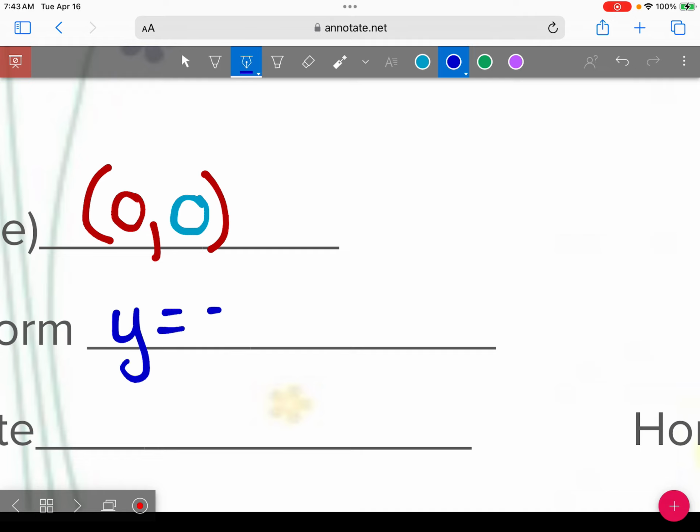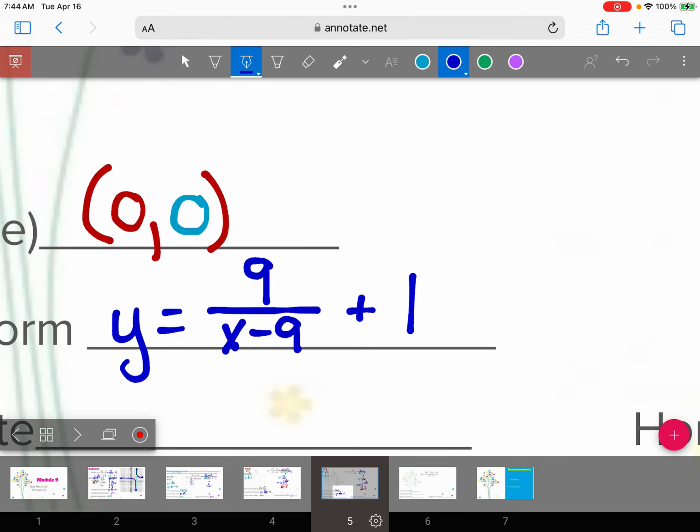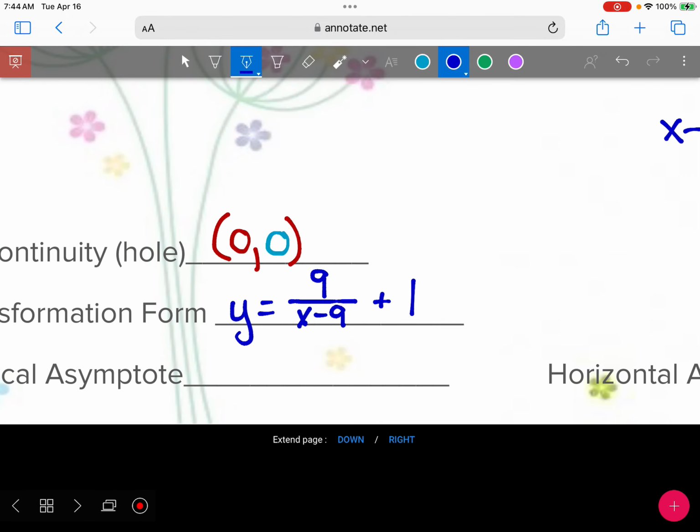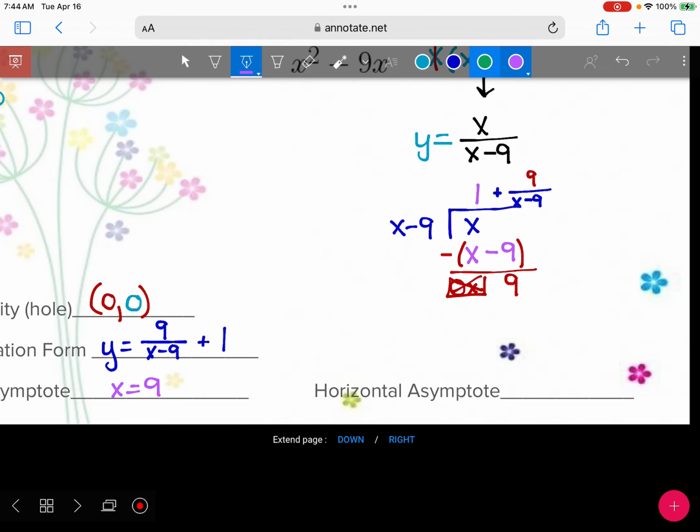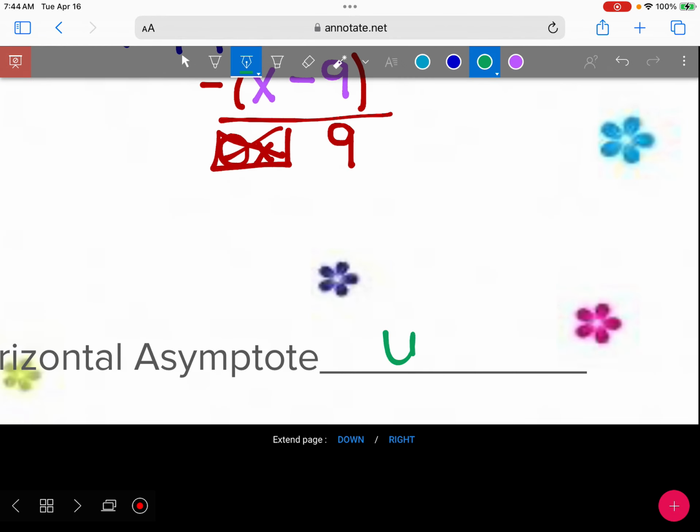We have our y equals, and that just means I put my fraction in the front. 9 over x minus 9 plus 1. What's our vertical asymptote going to be? X equals 9. And my horizontal asymptote? Y equals 1.